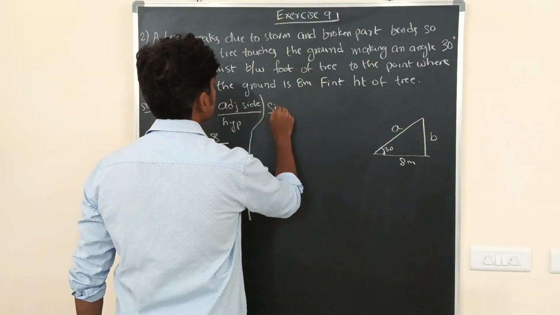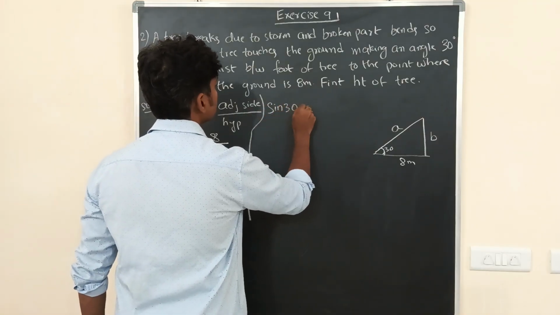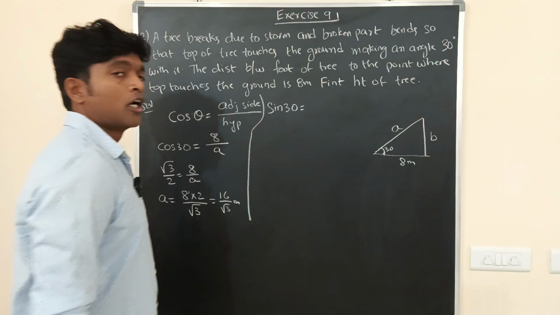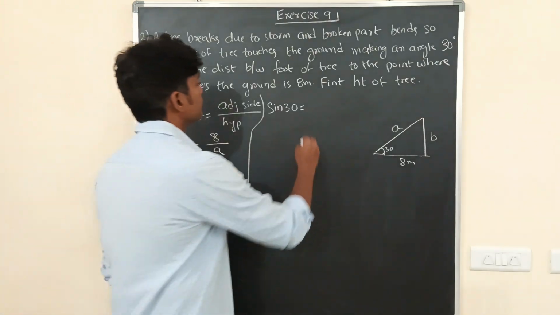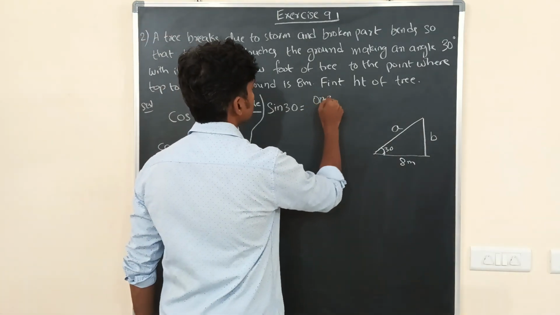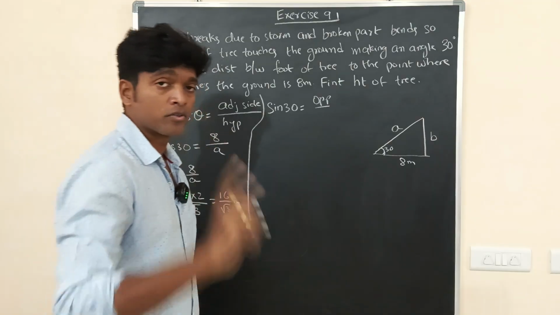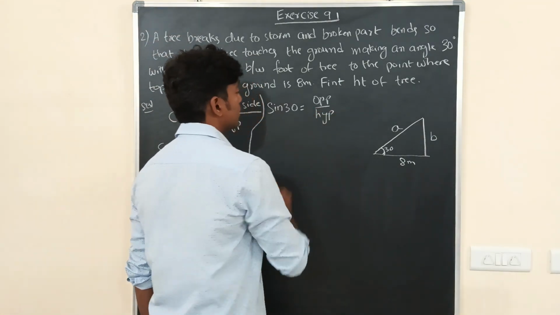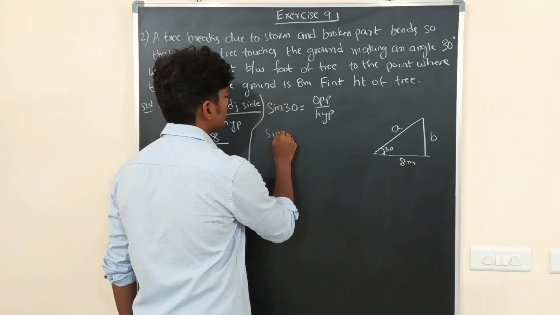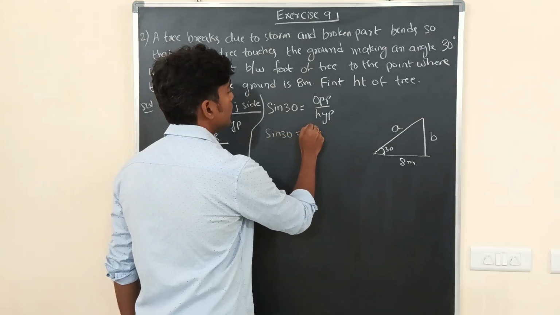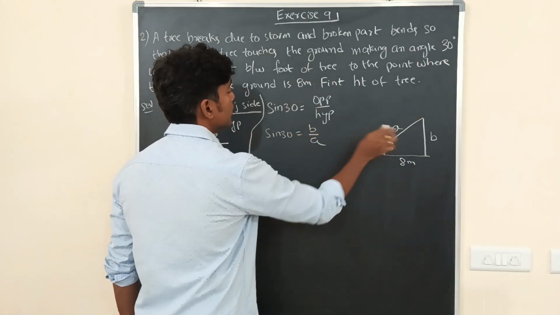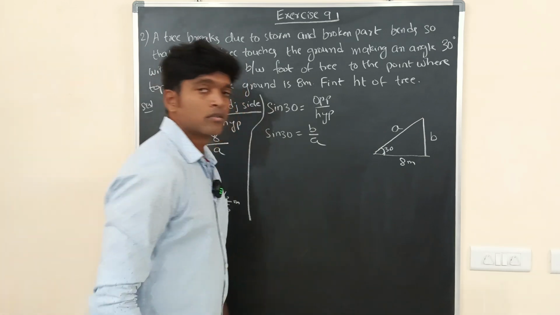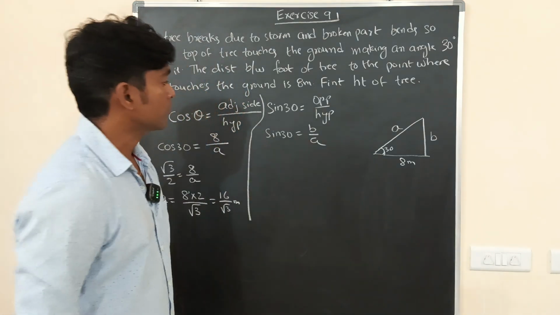So sin 30 is equal to opposite side by hypotenuse side. So sin 30 is equal to B by A, opposite by hypotenuse.